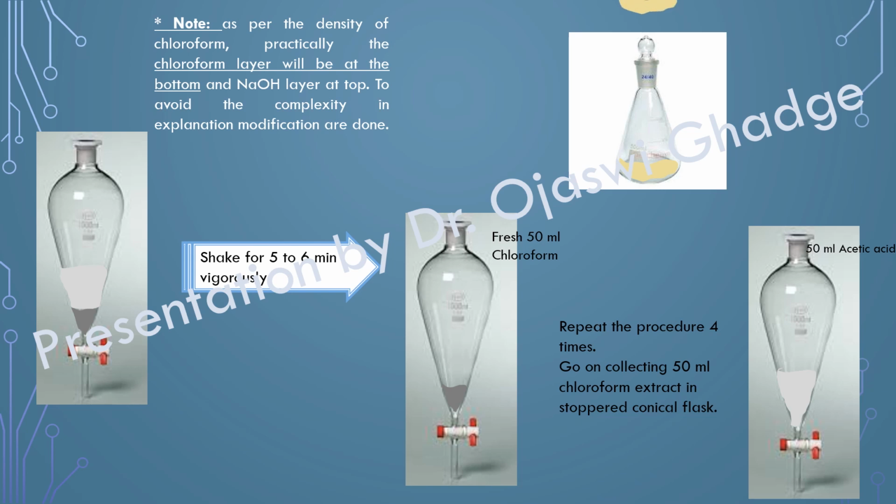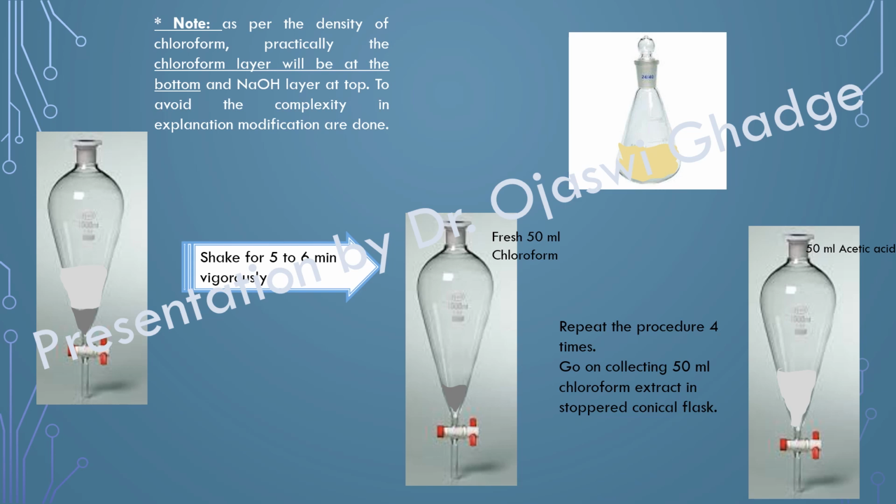Again, the same procedure is repeated 4 times. Each time 50 ml of fresh acetic acid is added to the separating funnel, and such 4 layers, each of 50 ml of acetic acid, are collected in the stoppered conical flask. Now this is the 200 ml acetic acid solution in which trimethoprim is present.